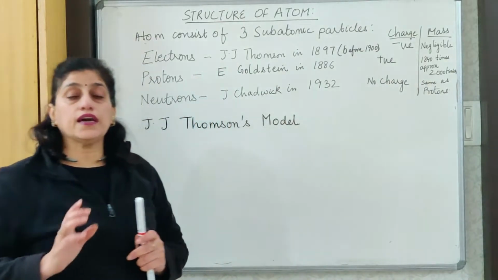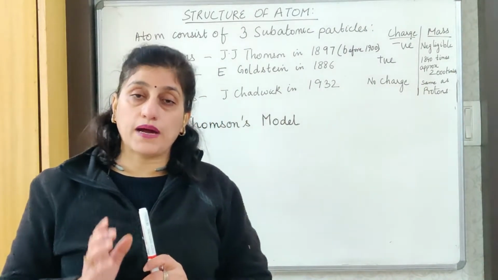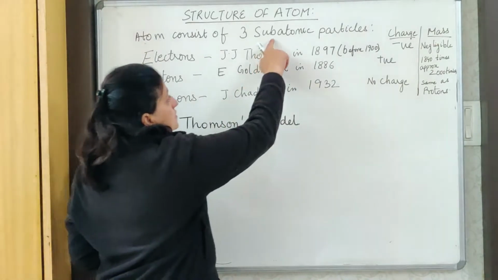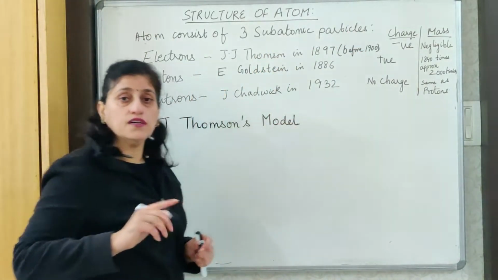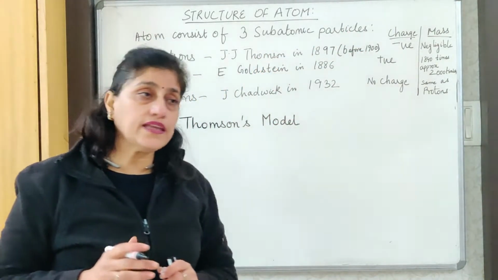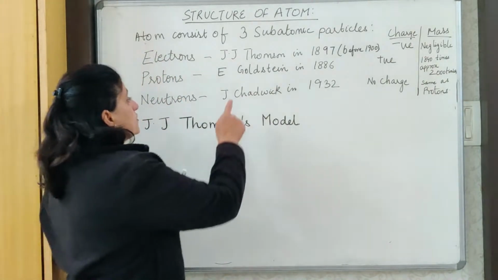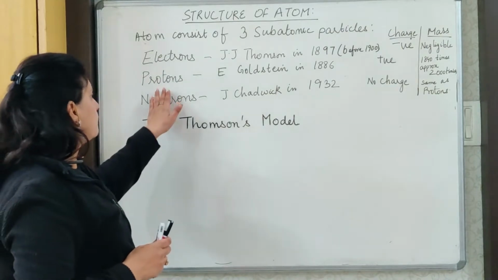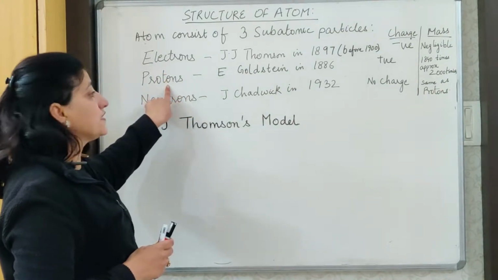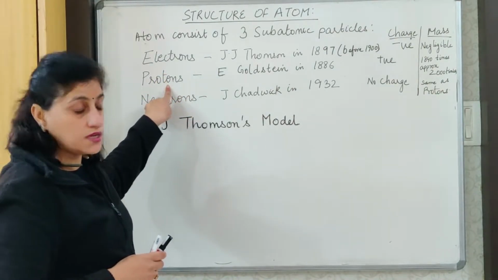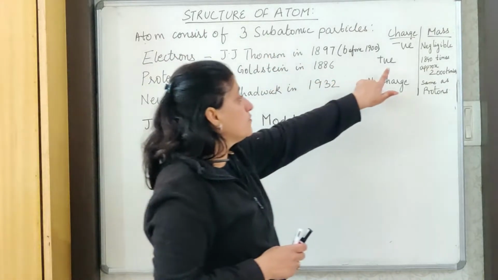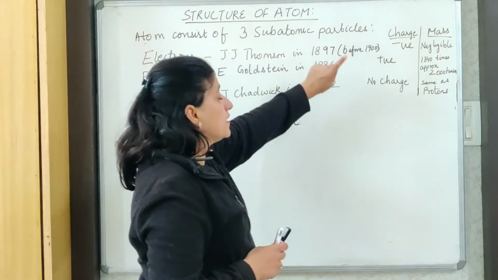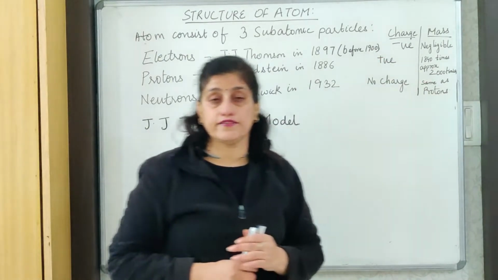They are negatively charged particles, a subatomic particle of the atom. Then, even before that, E. Goldstein in 1886 discovered the positively charged particles and he named them protons. So protons have a positive charge, electrons have a negative charge.